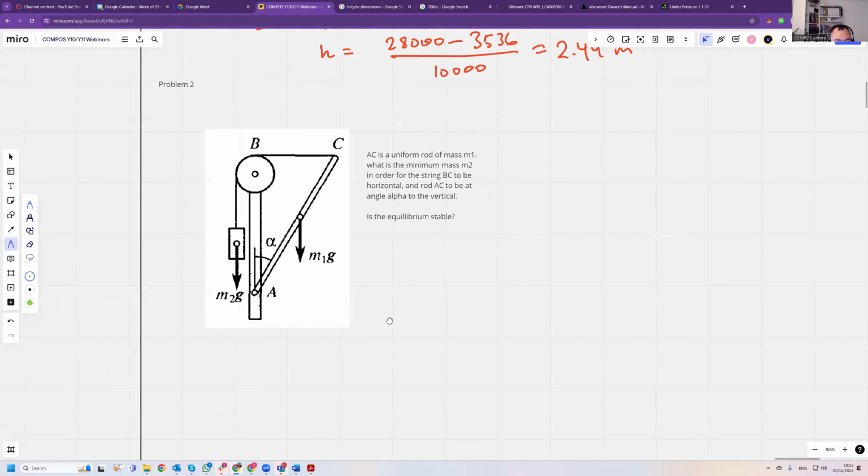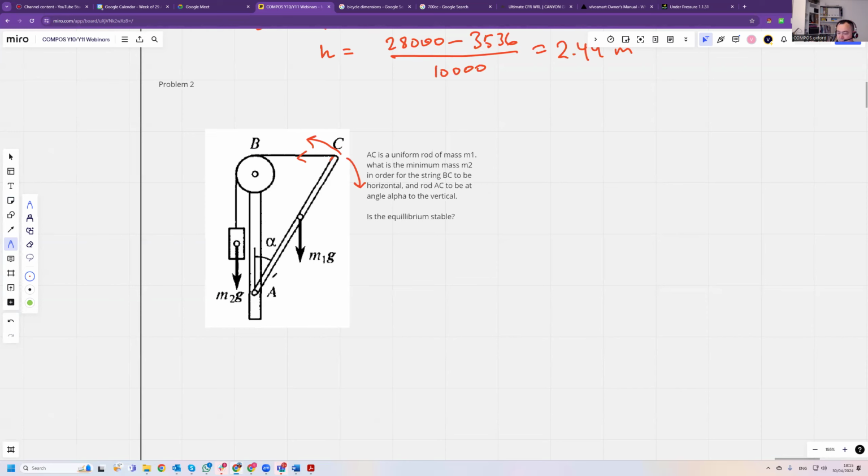So the question is, well, you can imagine a rod. If you add a mass here, this will pull the rope and hopefully the rod will stay in this position. If you add more mass, the rod would move higher. If you reduce the mass, the rod will move lower, right?